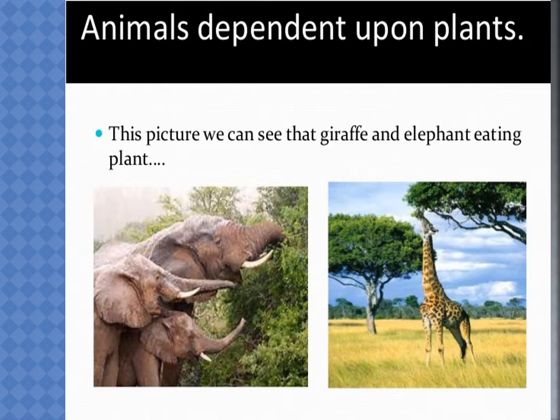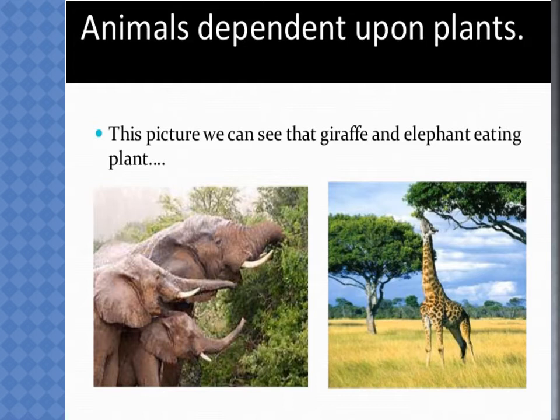Biotic elements and abiotic elements are interdependent upon each other. Already we studied ecosystem, the biotic elements and abiotic elements. That's interdependent. Now the animals depend upon the plants.